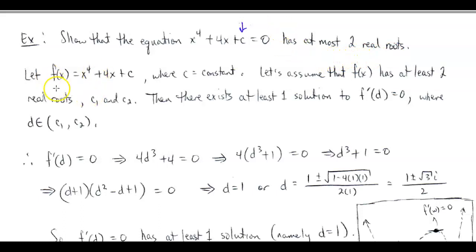Okay. So the first thing that we do is we say let f of x be this polynomial expression here. So we're going to let it be a function, and we say, hey, c is going to be a constant. Since we want to show here that we have at most 2 real roots, the first thing that we want to do to start at a foundational level is to say, well, let's assume that we have at least 2 roots.